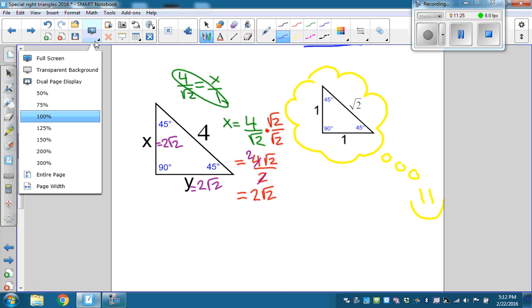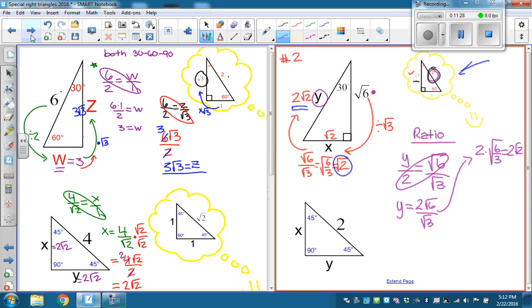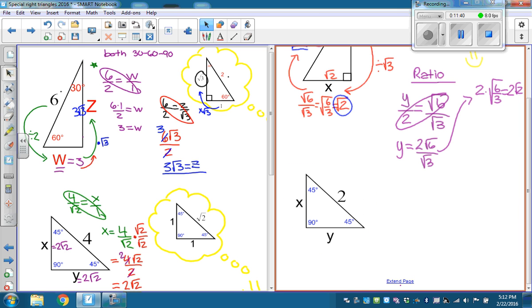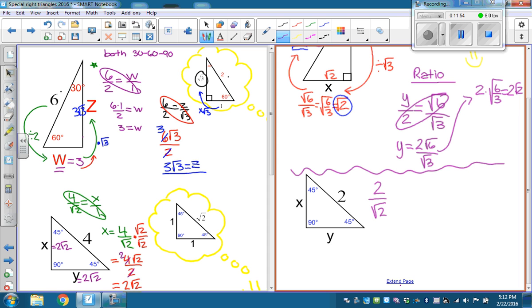So do another example. Down here on the bottom, to solve this triangle, same idea. You're going to compare hypotenuse by ratios. You can compare hypotenuse to hypotenuse, as the leg is to the leg. So x is just 2 divided by the square root of 2. You have to rationalize that.